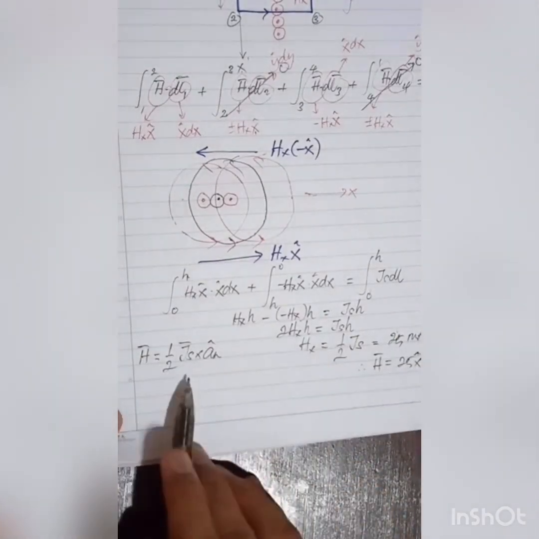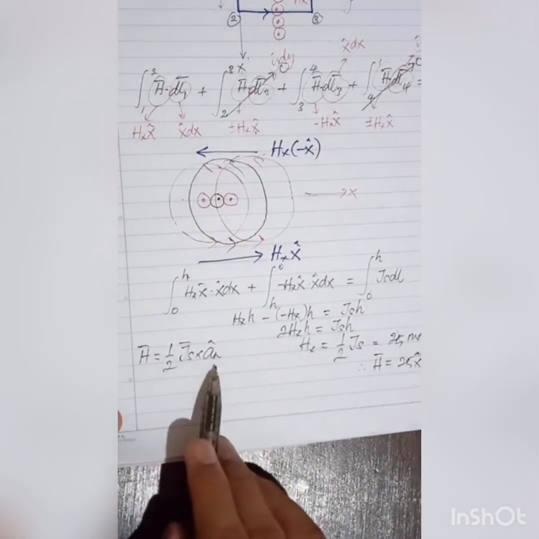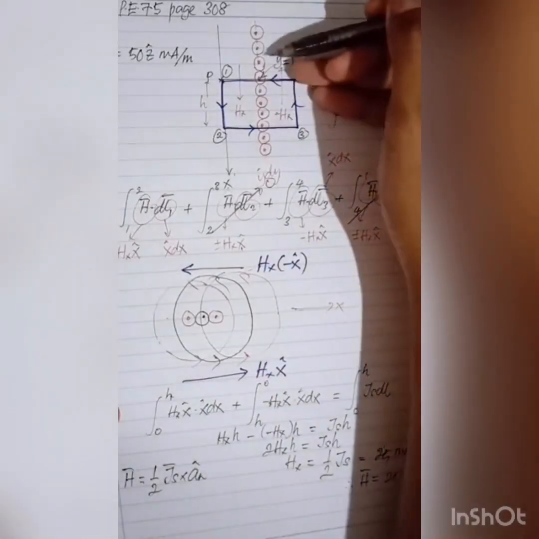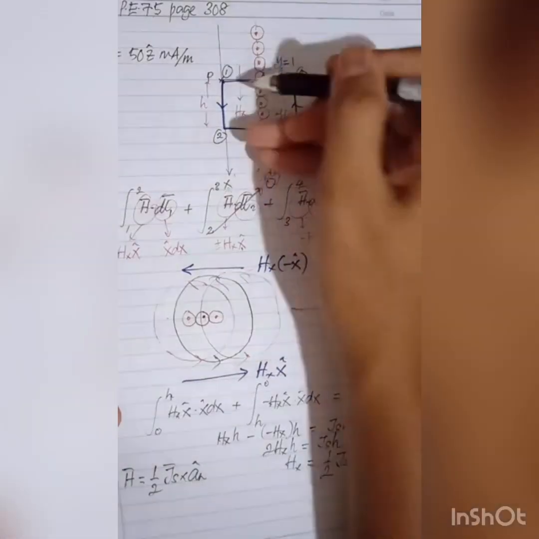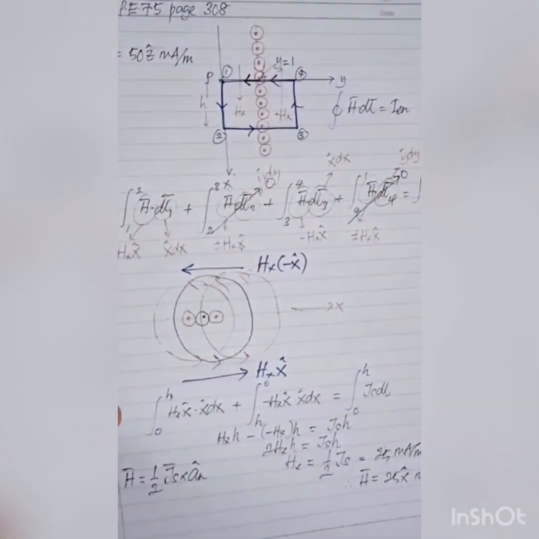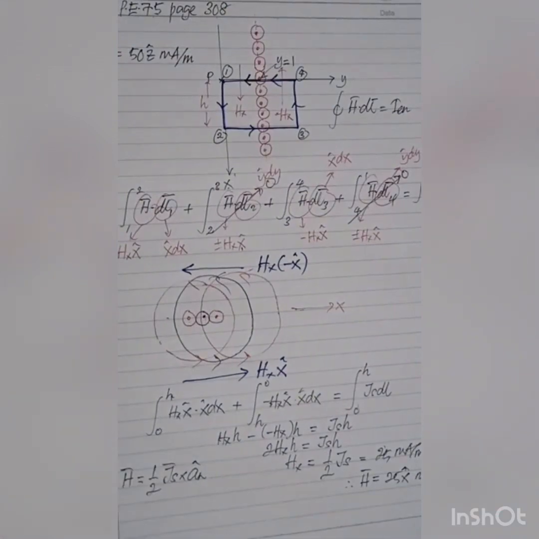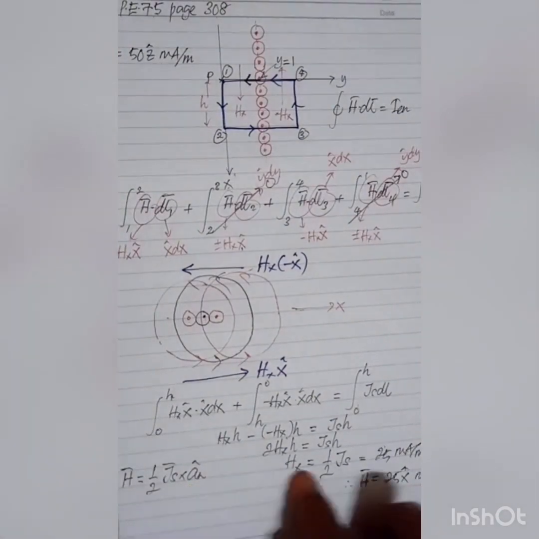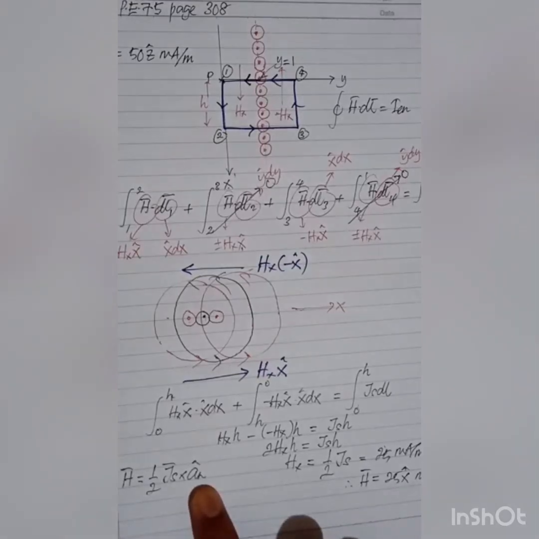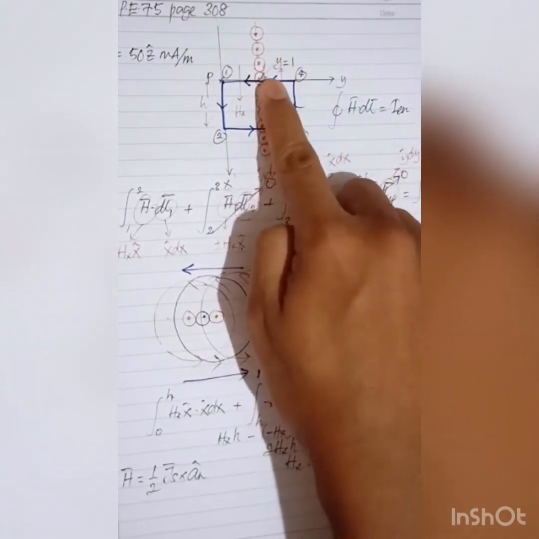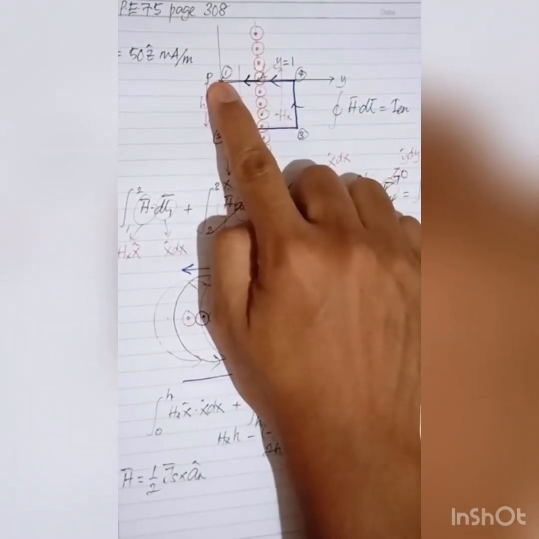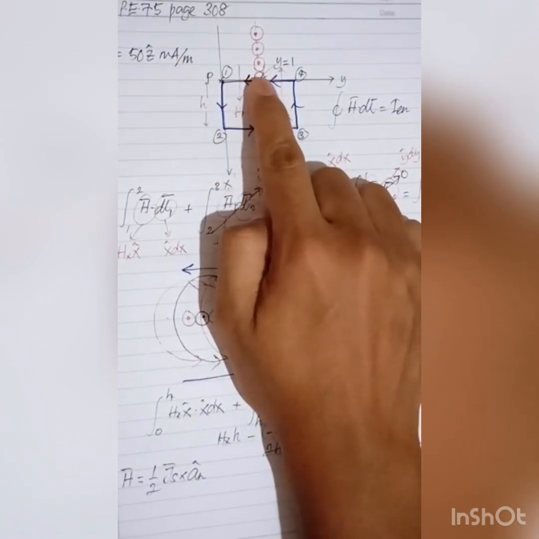Alright, so this is our surface current density given, and this is a normal vector pointing normal from the surface current to the point of interest. Again I repeat, the an here refers to the unit vector normal that points from the surface current, which is the source of the H field, to the point of interest.